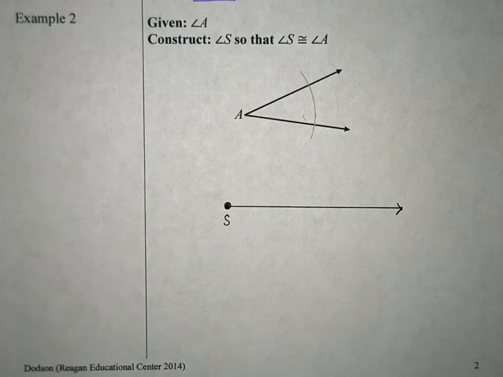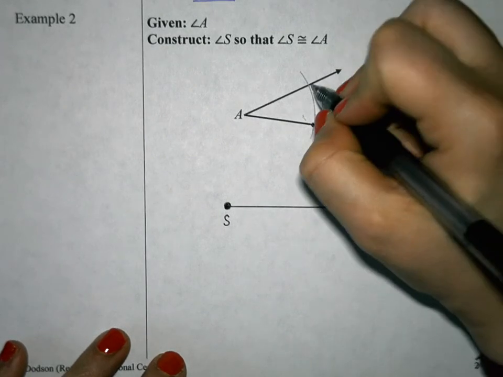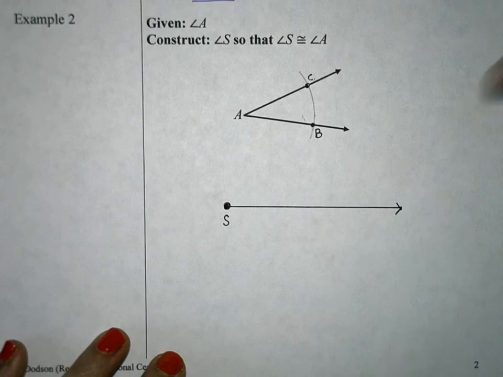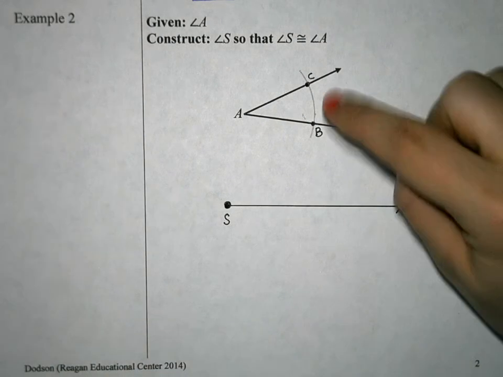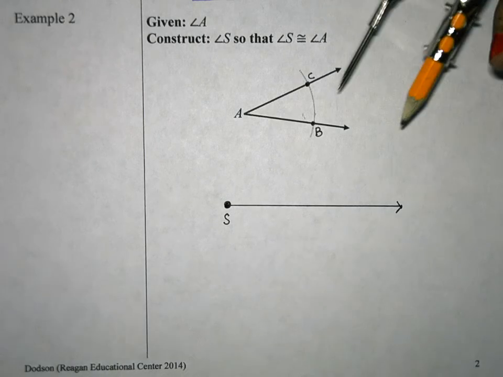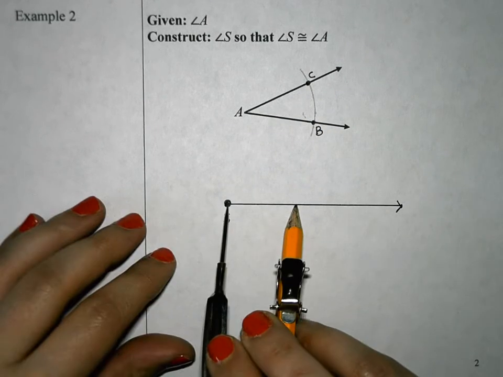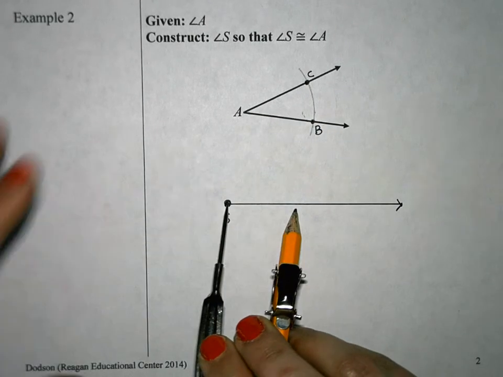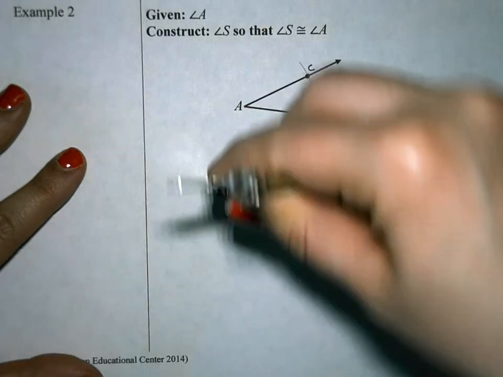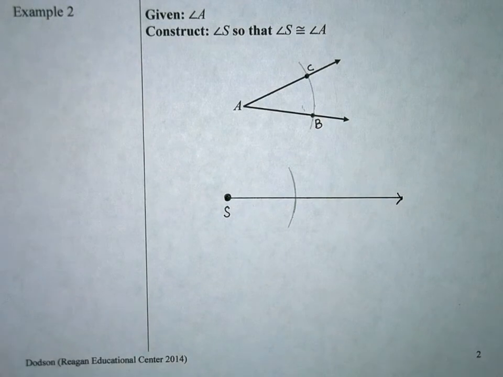And then what I'm going to do is label those points of intersection B and C. So let's label this one B. Let's label this one C. And that's because we're going to open the compass to those later. So without changing my compass, so the same setting as I made that arc, I'm going to put my compass on the point S, and I'm going to make an arc over my ray of S. Okay.